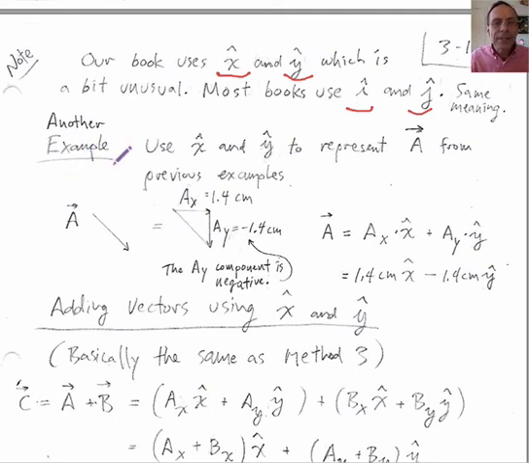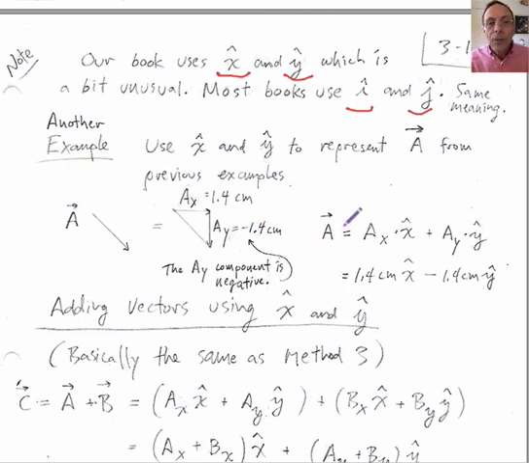I need to do another example to show you what use this is. So let's do the second example here. So we have the a vector from previous examples, and we decompose it into an x component, which is 1.4 centimeters long, and a y component, which is 1.4 centimeters long, but it's in the downward direction, and so you have a negative sign here.